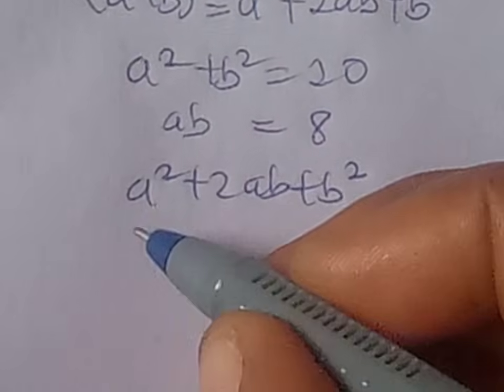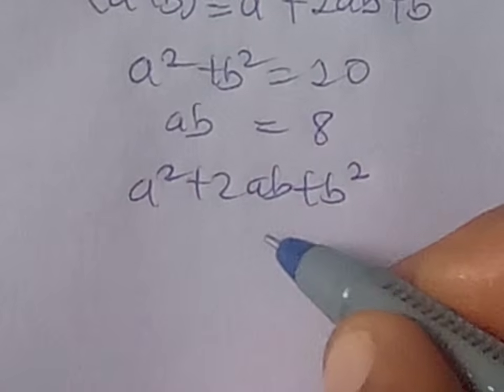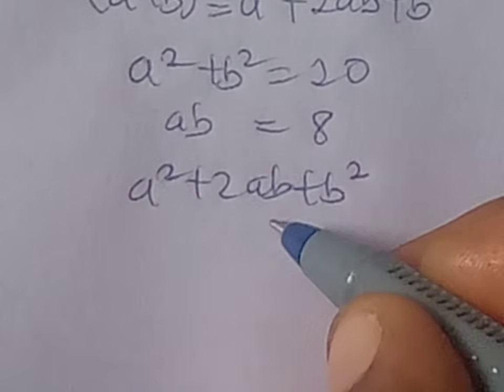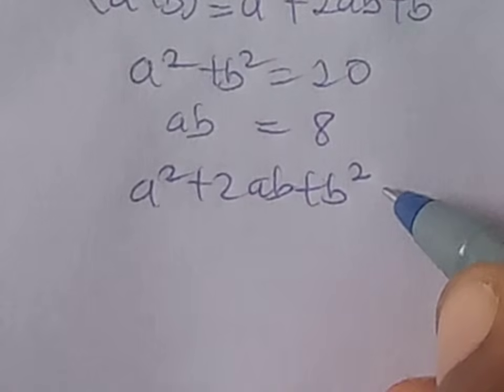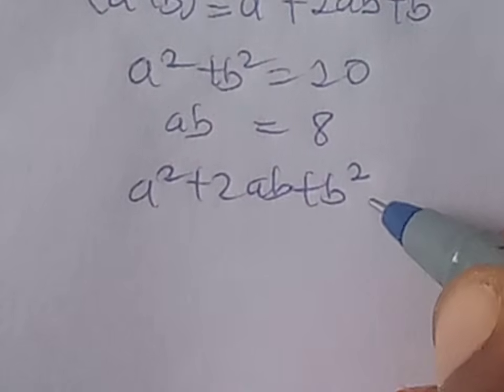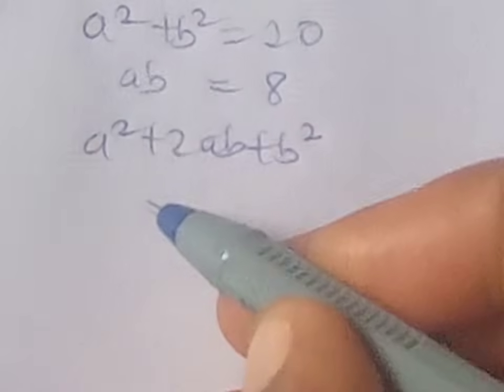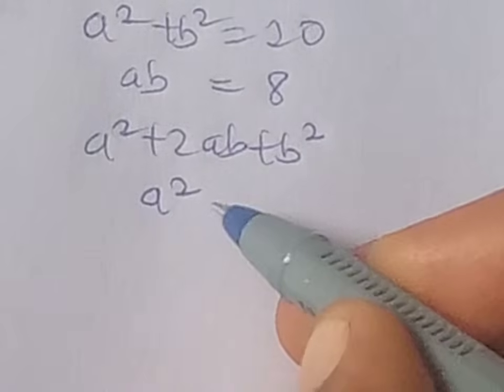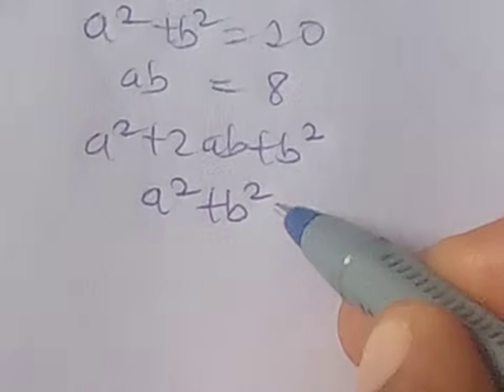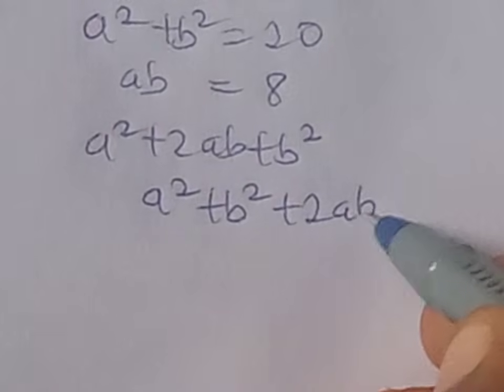The first part is a square, the second part is 2ab, and the third part is b square. Let's replace each part one at a time. Let's rearrange this. That is a square plus b square plus 2ab.